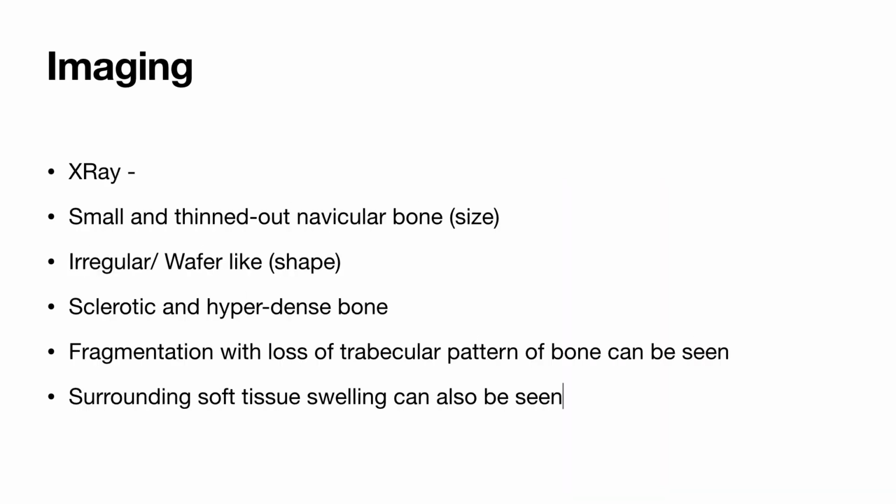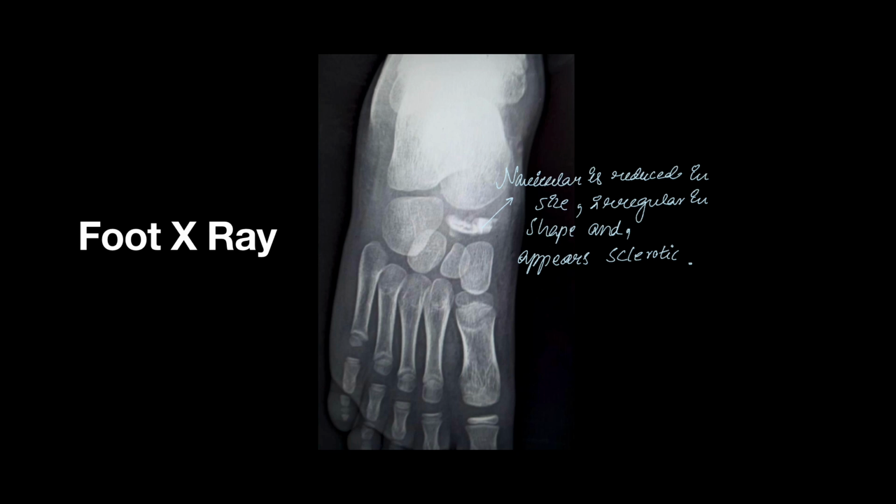On X-ray foot, you will see small and thinned out navicular bone, irregular or wafer-like in shape, and sclerotic and hyperdense in appearance. It can also show fragmentation with loss of trabecular pattern, and surrounding soft tissue swelling can also be seen.